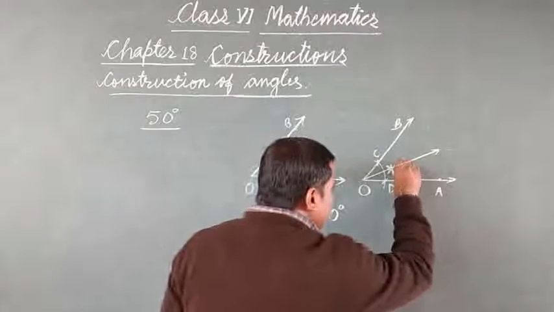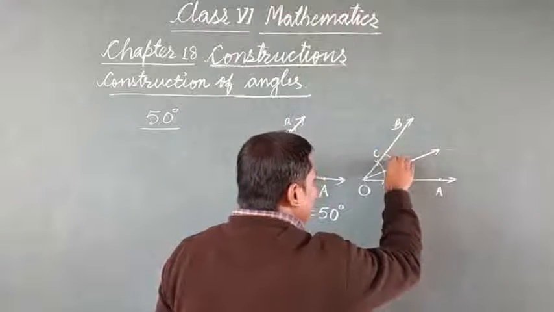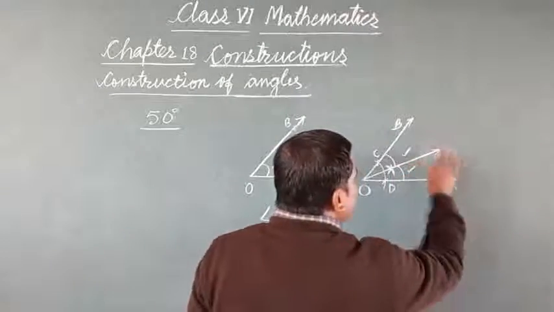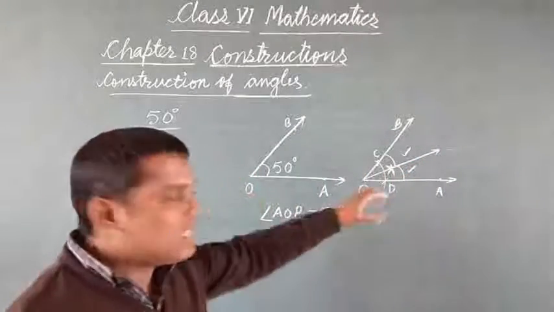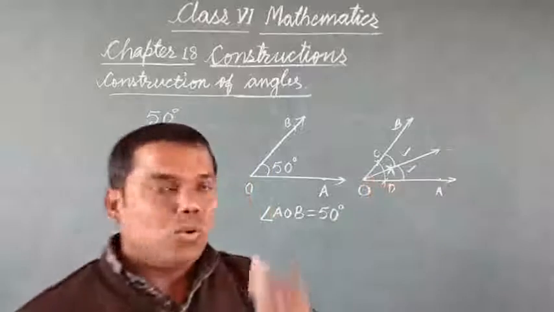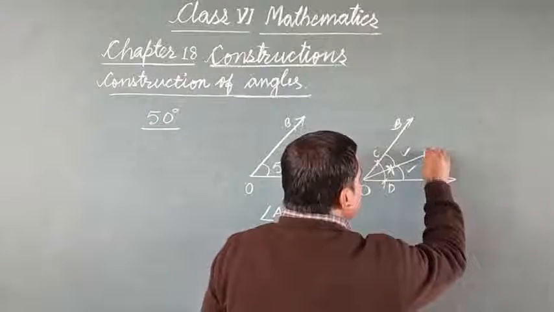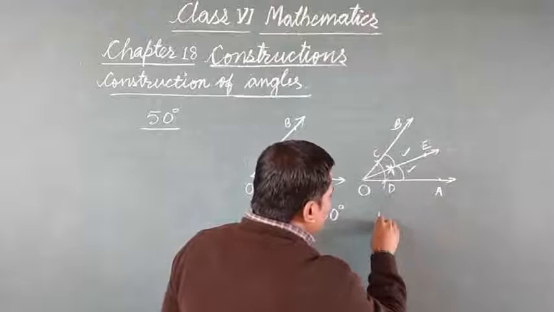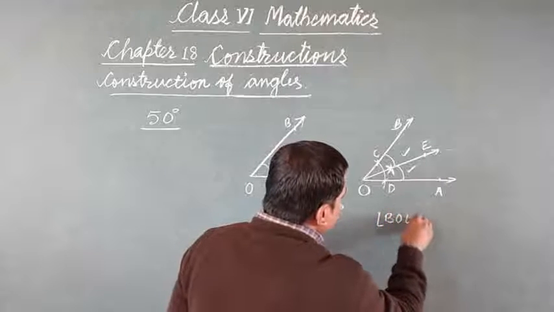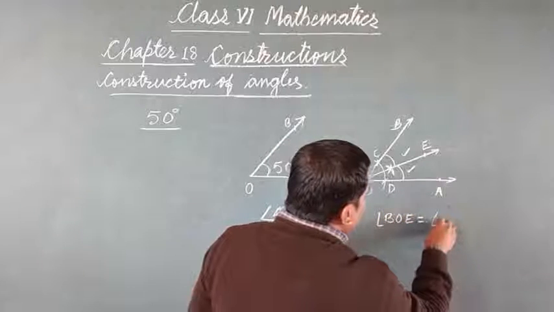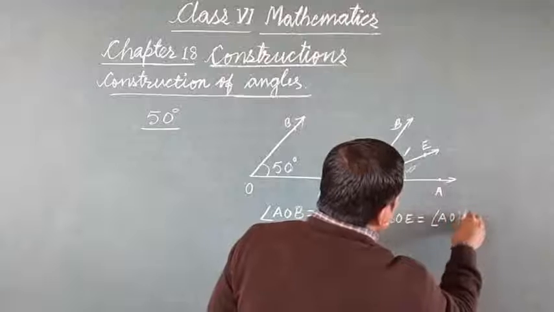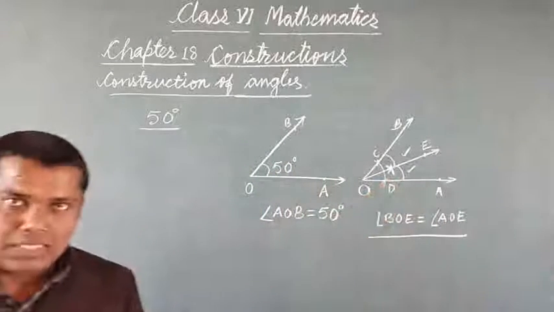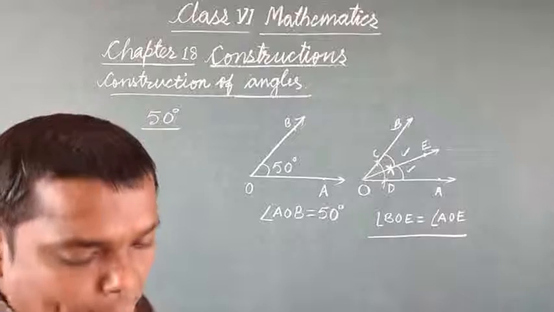So this angle and this angle are now equal, and this ray bisects angle O. Say it is point E, then we have angle BOE equal to angle AOE. So this is the bisector of an angle. Any angle you can bisect.